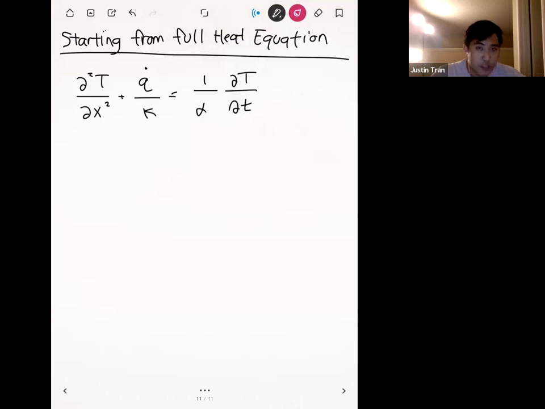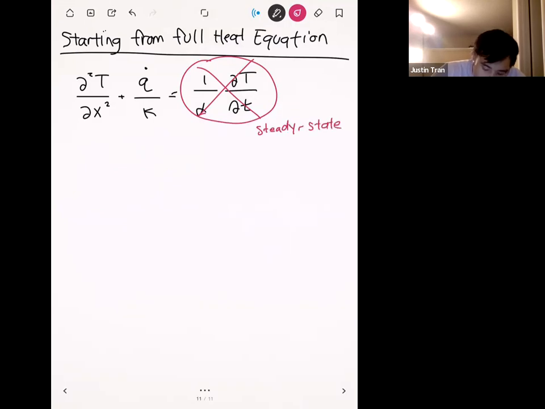Let's apply our assumptions. First of all, it's one dimensional, and that's already implicitly assumed here. The next assumption is that it's steady state, so we can cross out that term. Remember, steady state means that any derivative with respect to time is set equal to 0.